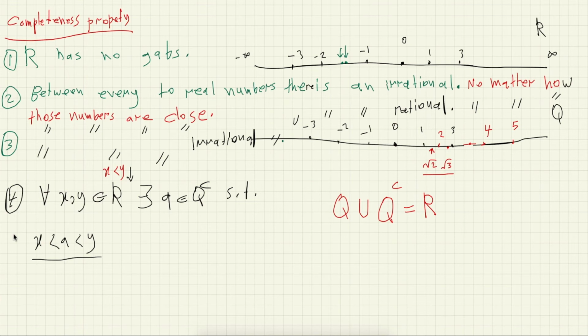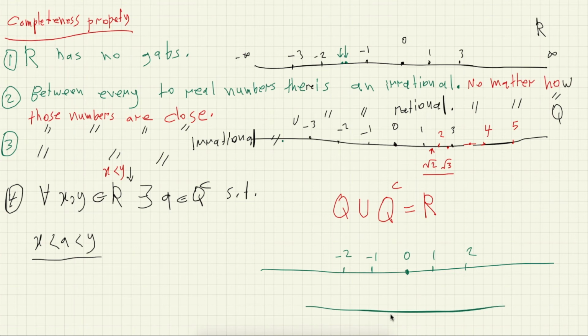Why? Because we can say that the amount of numbers in the real line is the same as the amount of real numbers contained in the interval between 0 and 1.